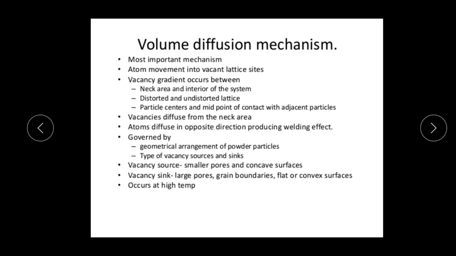With vacancy diffusion from the neck area, the atom diffusion is in the opposite direction producing a welding effect, which is governed by the geometrical arrangement of powder particles and the type of vacancy sources and sinks. Vacancy sources mean the smaller pores and concave surfaces. Vacancy sinks mean large pores, grain boundaries, flat or convex surfaces, and this occurs at high temperature.